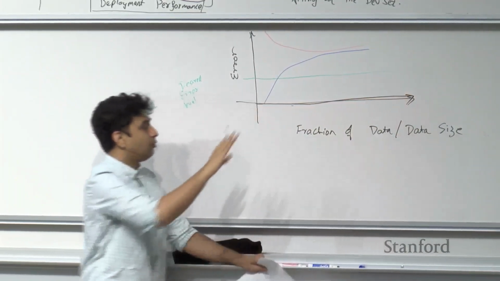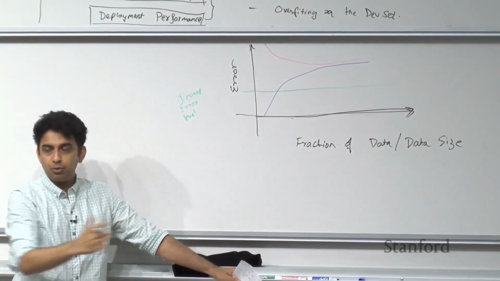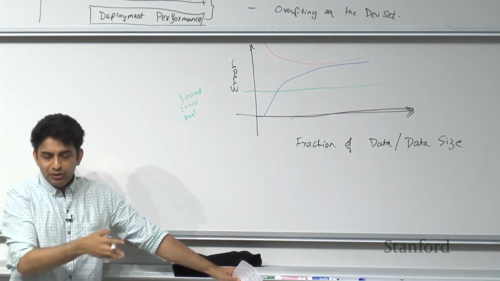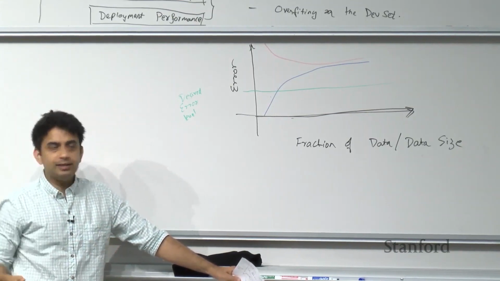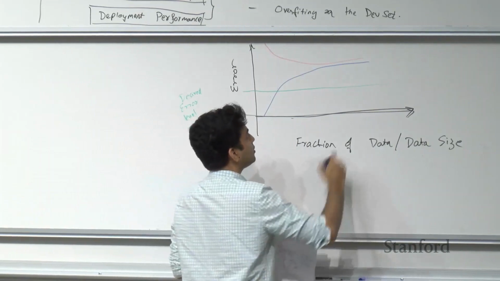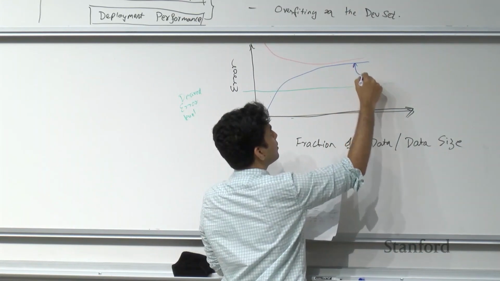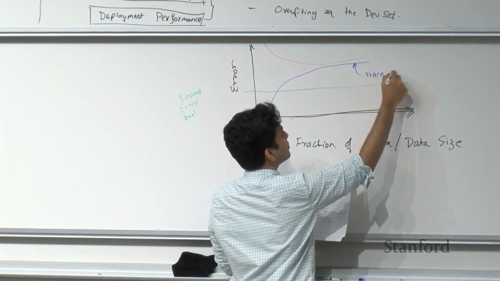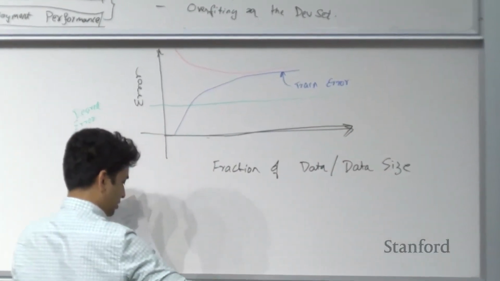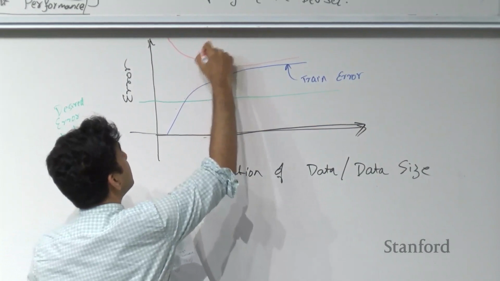For simplicity, assume both your dev set and train set are proportionally increasing, and with increasing data size, plot both the train error, this is the training error, and this is the test error.